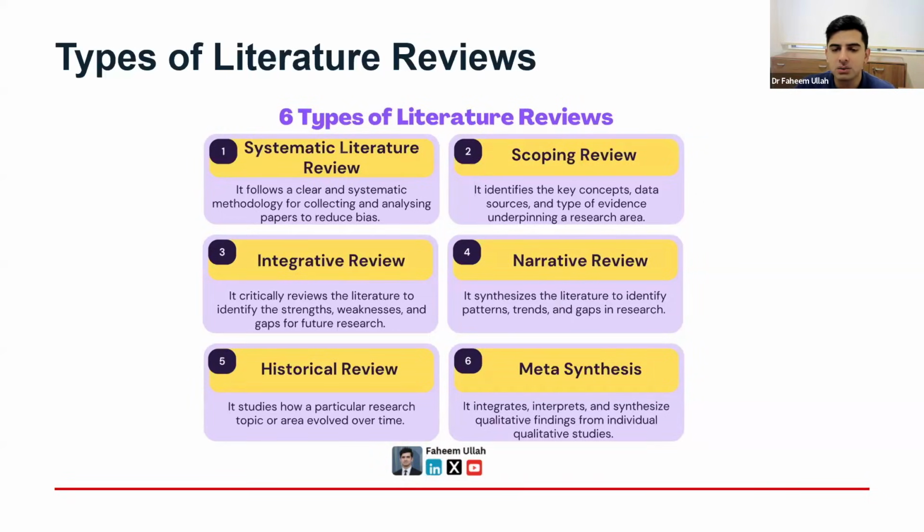In my case, the majority of my literature reviews were systematic literature reviews because they are very much grounded in methodology, and the findings are very reliable because you have taken every single correct step to produce those findings. But the problem with systematic literature review is that it takes a lot of time as compared to maybe a scoping review. So before you start your literature review, determine what type of literature review you want to do.